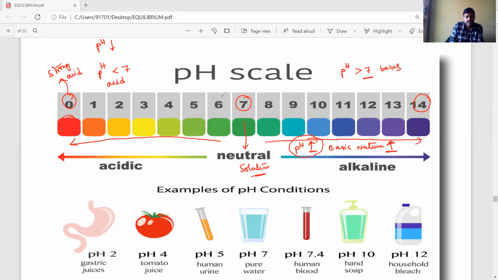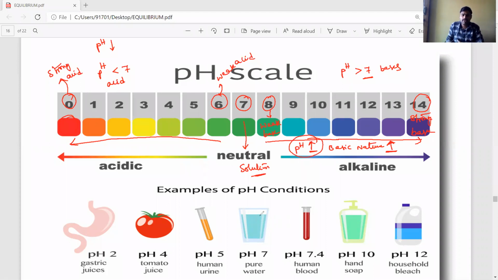If pH is 6, that means weak acid. For example, if pH is 8, then weak base. If pH is 14, then strong base. You have to remember: as pH value increases, basic nature increases, and as pH value decreases, acidic strength or acidic nature increases.